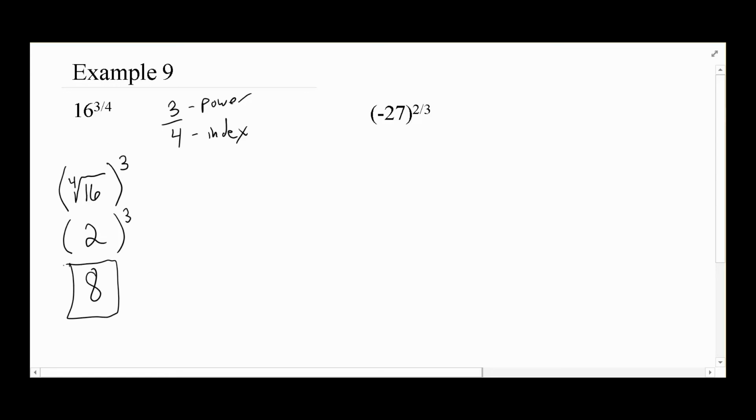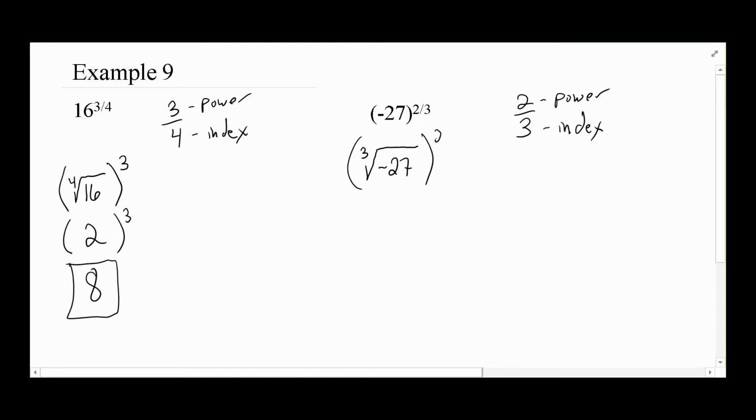Now if we apply the same thing over on the other problem, negative 27 to the 2/3, we look at the exponent of 2/3. 2 is the power I'm going to raise to. 3 is the index of the radical. So 3 is the index of the radical, and I'm taking the cube root of negative 27.